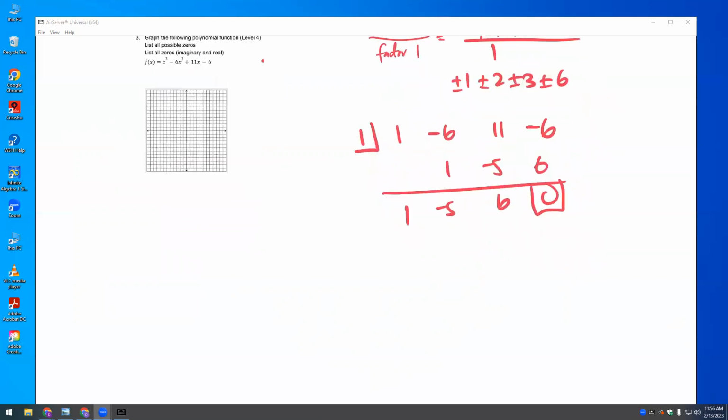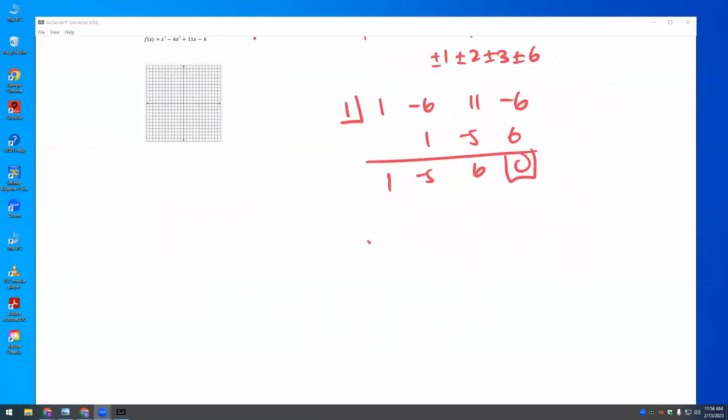So you got it first try, and so it's x squared minus 5x plus 6 is equal to 0. And then you factor it out: 6 and -5, 3 and 2, -3 and -2.